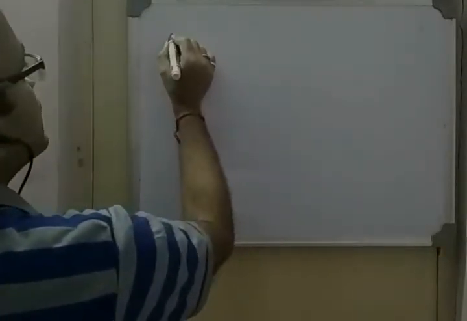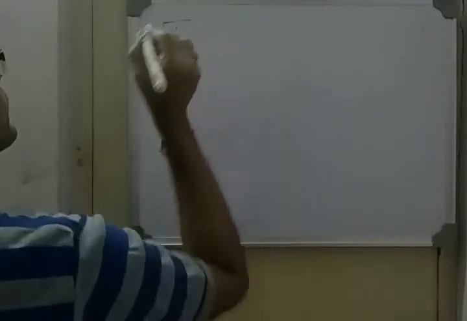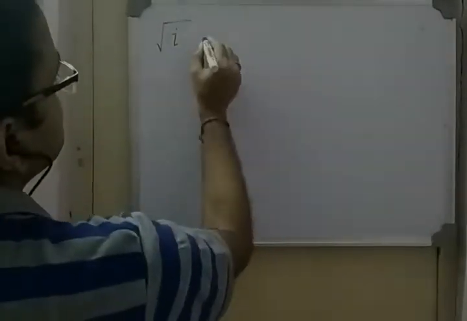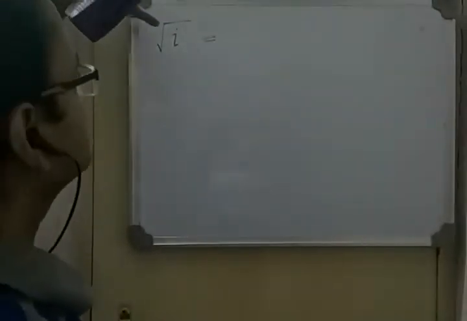Let's try to find out the root of i. What is the root of i actually? i itself is a root of minus 1. So how can you put that?